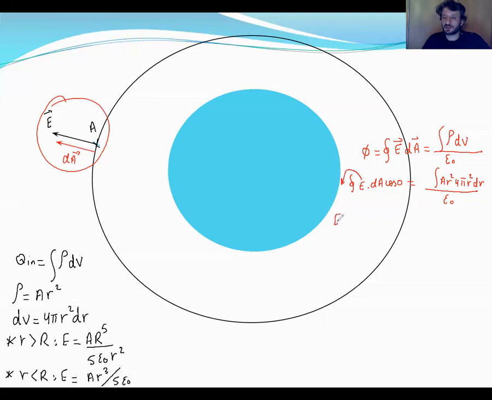We have finally E times A equals, A is constant, 4 pi is constant, and inside the integral we have r to the fourth dr, divided by epsilon 0.